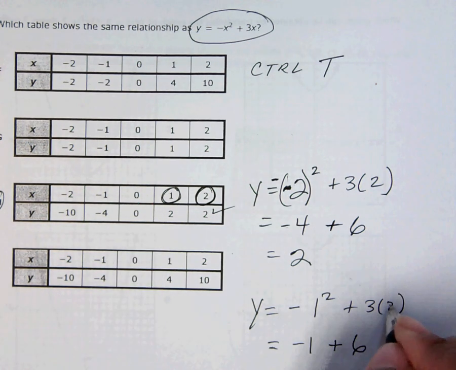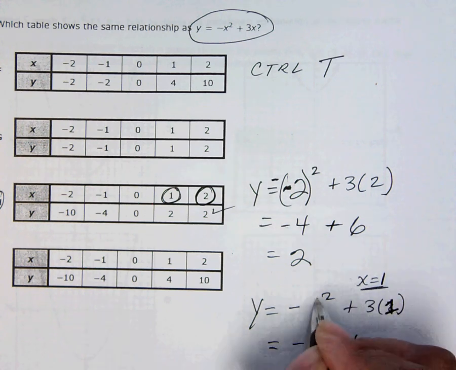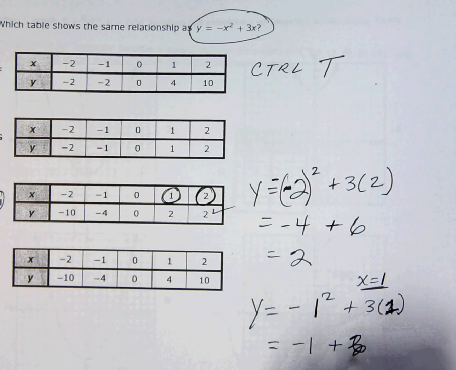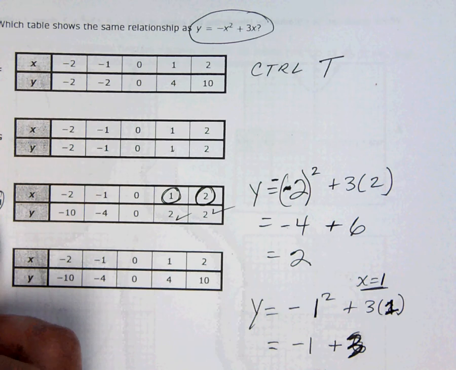I plugged in a 2 right there, didn't I? That should have been a 1. Sorry. So X was equal to 1. So I put a 1 in the X spot and another 1 in the X spot. There we go. And then that is 3. So negative 1 plus 3 gives me my 2. Yay! And I get my 2, which is not 1, so H really is correct.